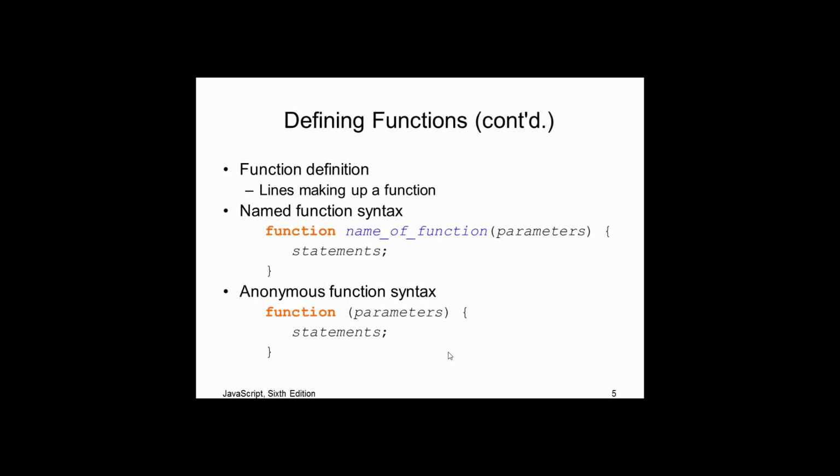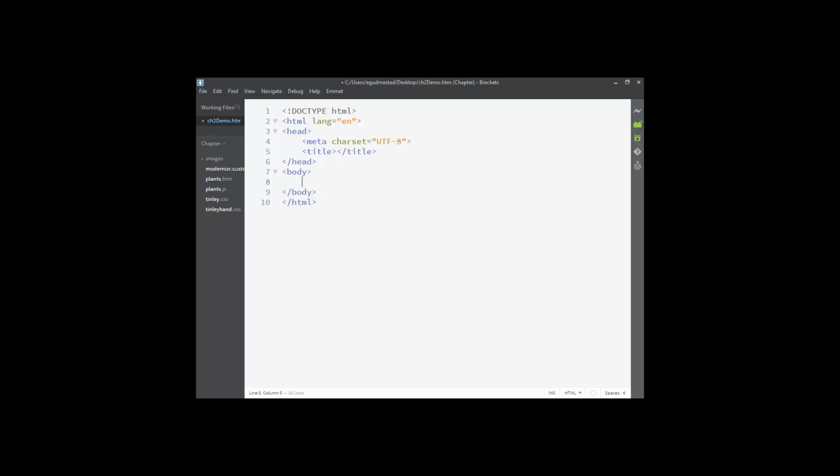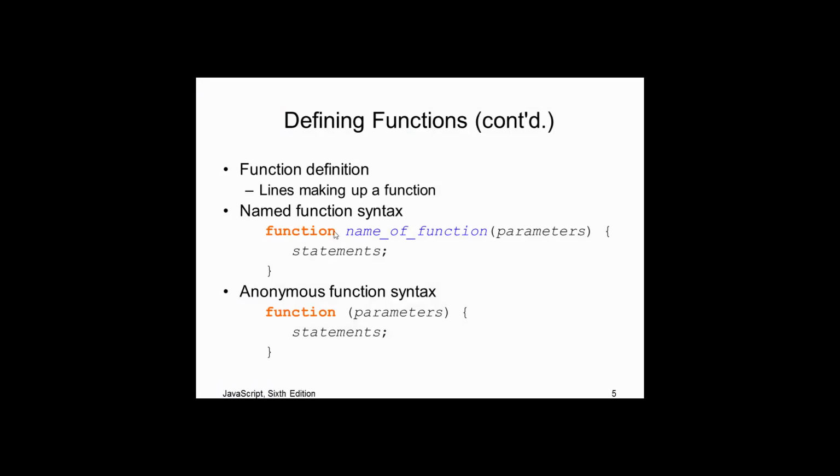So let's write a function, and I'll open up my brackets, and we'll do a very simple function, just kind of functions 101, of course. You can see the syntax here. We have the keyword function, and then the name of the function.